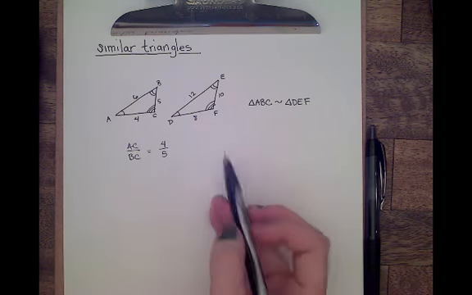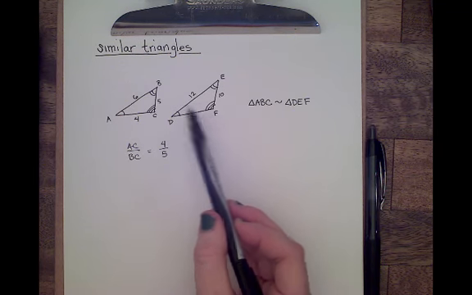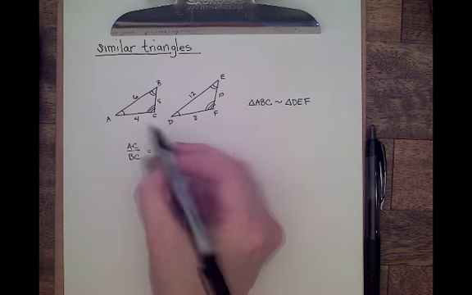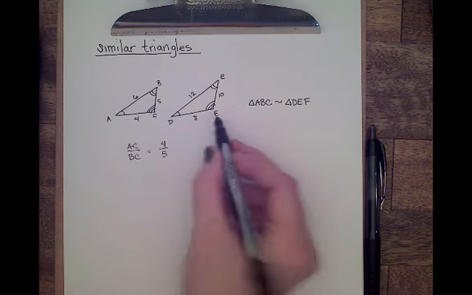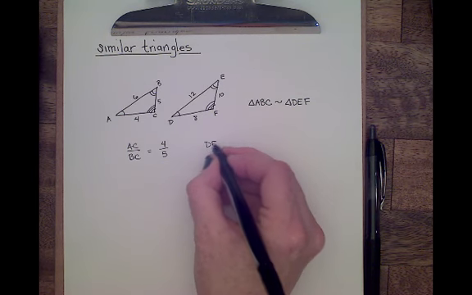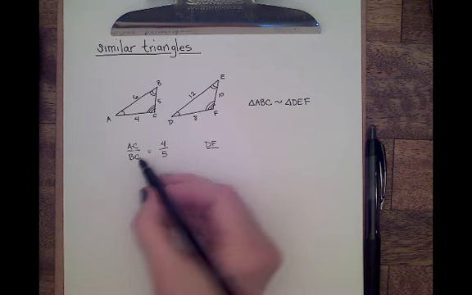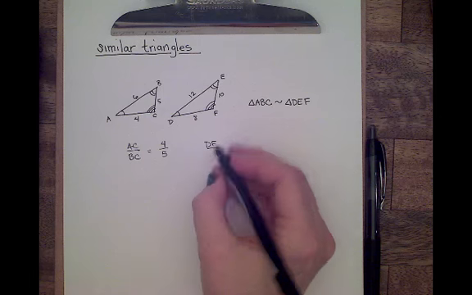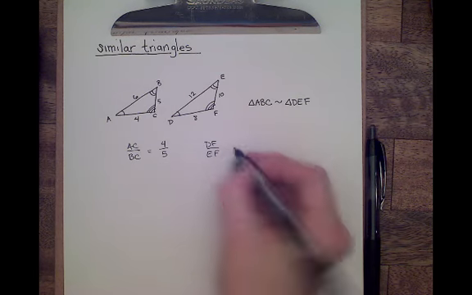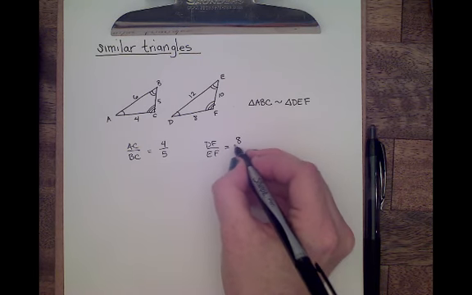So now let's take a look at the corresponding sides on the right-hand triangle. So DF corresponds to AC, and EF corresponds to BC, and the ratio of those two sides is 8 to 10, which simplifies to 4 to 5.